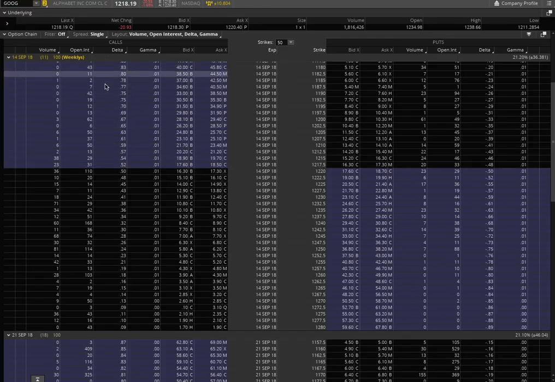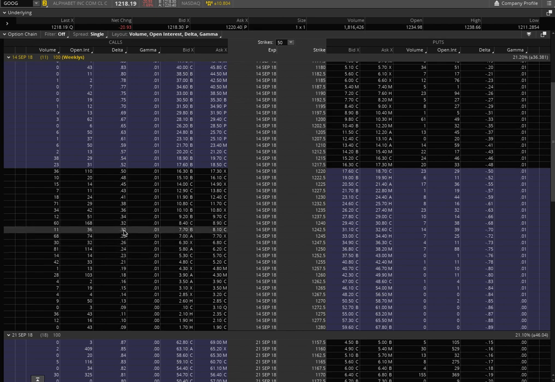I want to look at the deltas, and I want to go no less than 30. And it depends on how much I want to spend, right? Google Class C options are pricey. So 30 is the lowest I want to go. I don't want to go below 30.